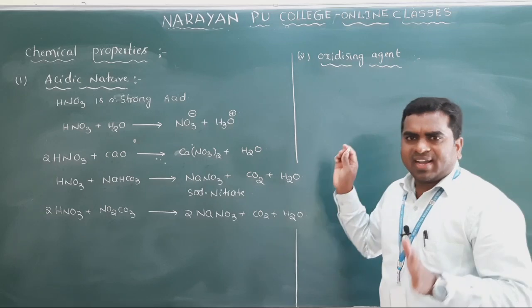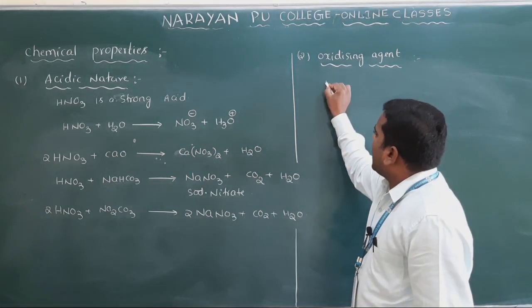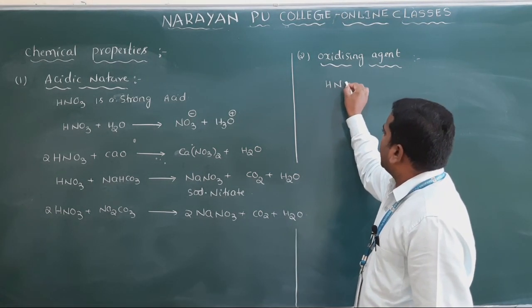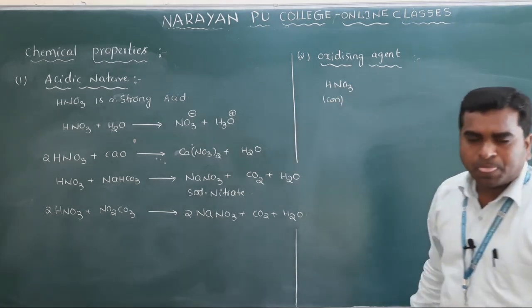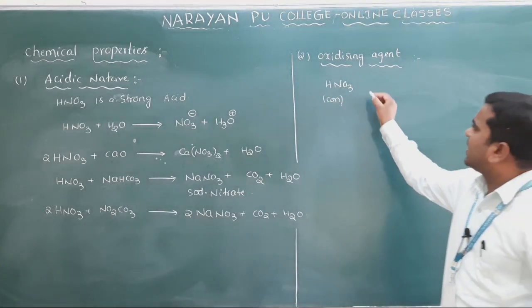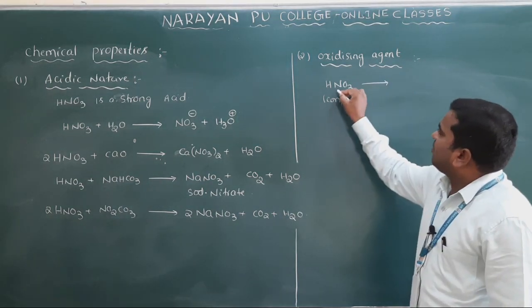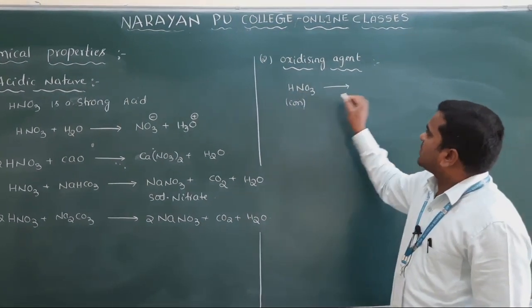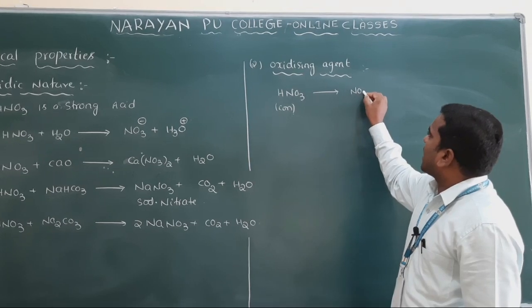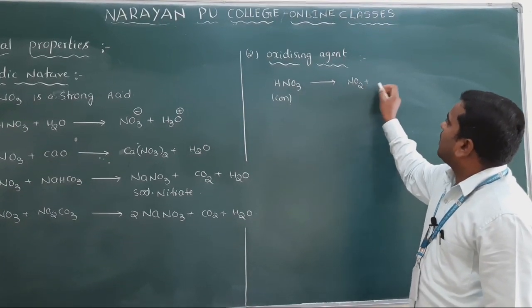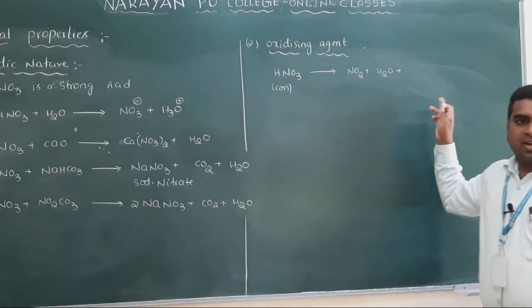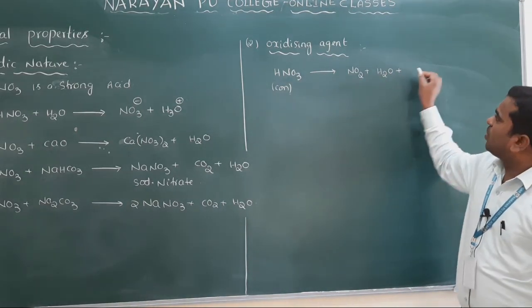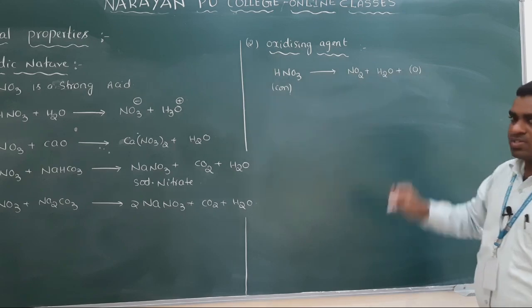So what is that reaction that we will discuss? Suppose I take concentrated HNO3. Now when it is heated and acts as an oxidizing agent, it will be converted into NO2 plus H2O plus nascent oxygen.